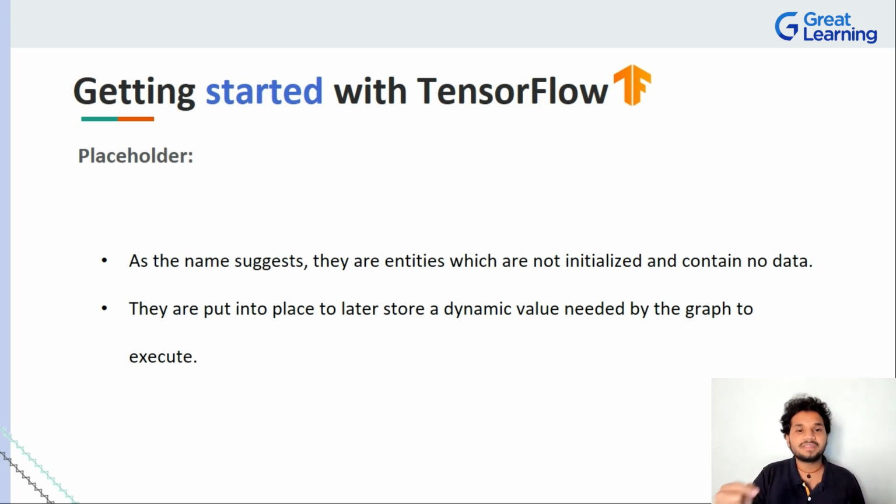Whenever we're thinking about a placeholder, all we are trying to say is, hey, these are certain entities which are not yet initialized. They do not have any sort of data, but we want them to be there because even if you don't use them right now, there will be a dynamic value that will be stored in them later down the line, which is probably required for the graphs to execute. When that is the case, you just want the structure to be there, but no initialization, no data.